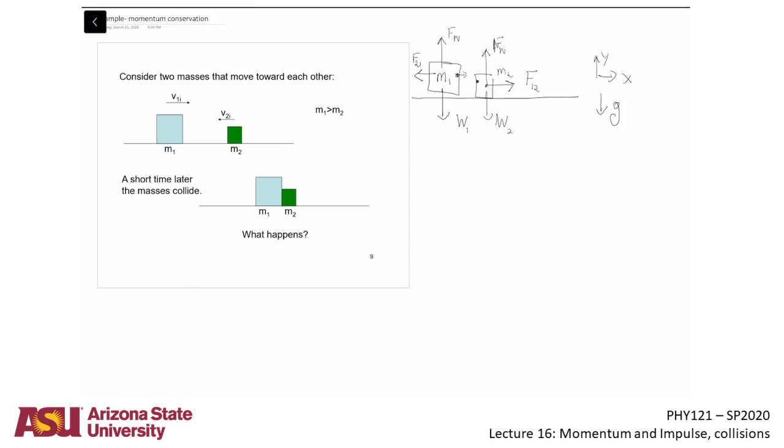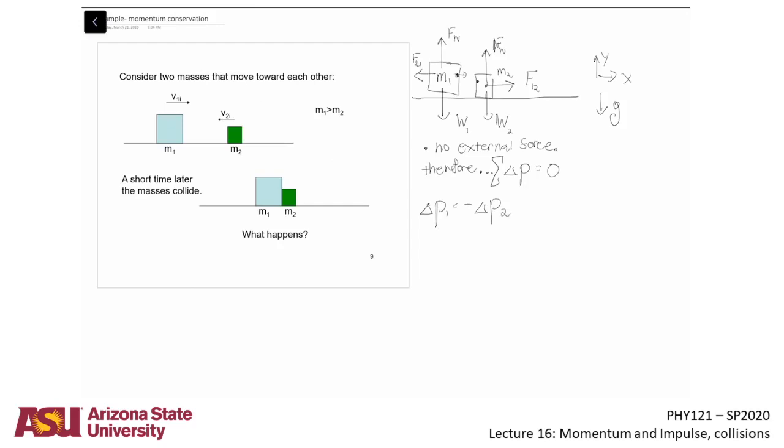Okay, so these are the free body diagrams for mass 1 and mass 2. They both have some weight, they both have some normal force, and F21 and F12 are equal and opposite. What that means is that there's no external force, right? Therefore, the sum of delta P is 0. In other words, delta P1 is equal to minus delta P2.